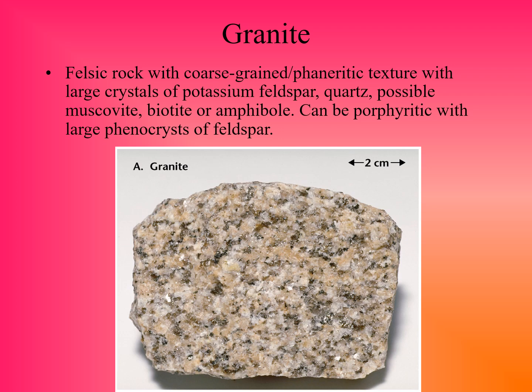And they can be porphyritic with large phenocrysts of feldspar. We call that, actually, this won't be on a test or anything, but just for your info, pegmatites, and that's when you have large feldspar and quartz crystals. This granite, though, is not necessarily porphyritic. Most of these crystals are about the same size. I mean, some of these feldspars here may be a little bit bigger, but that's your granite.